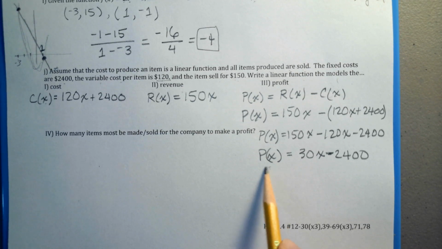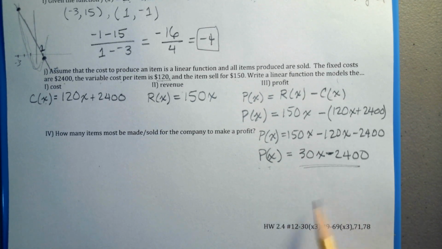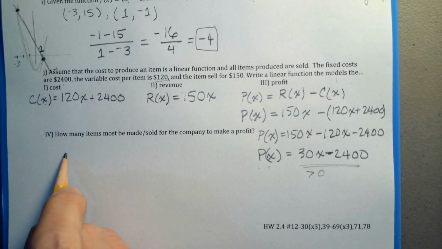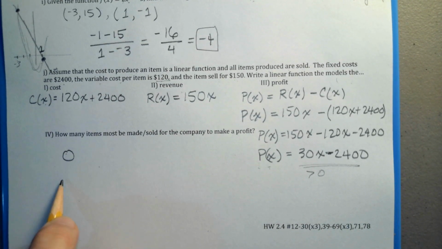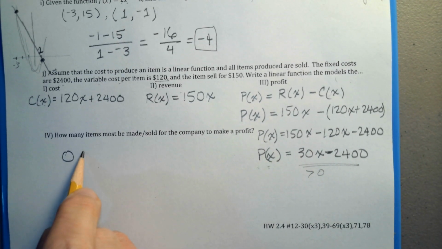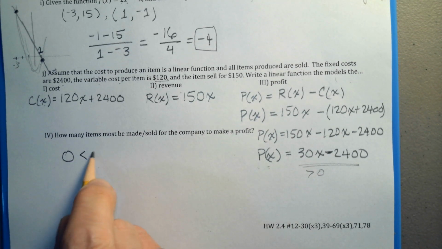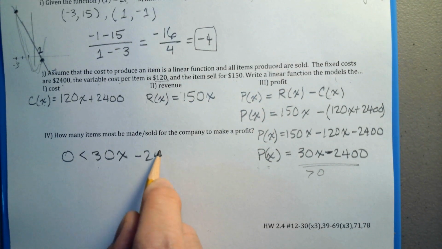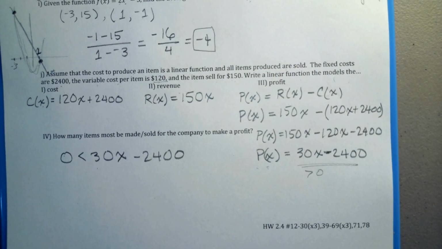A profit is when this thing is greater than 0, right? So we're going to replace the profit with 0, and we want it to be greater. So we want this side to be greater than 0. So we want to think about this inequality. So we want to solve that for x.